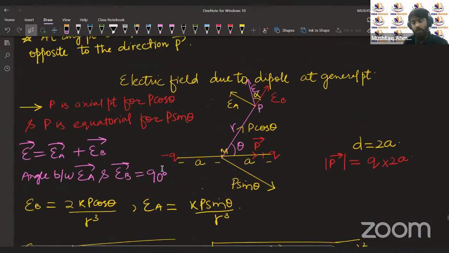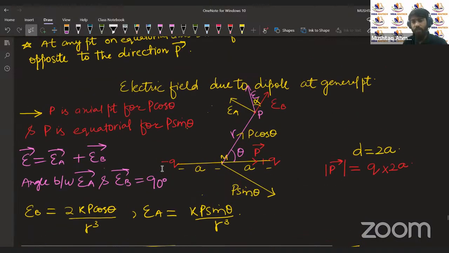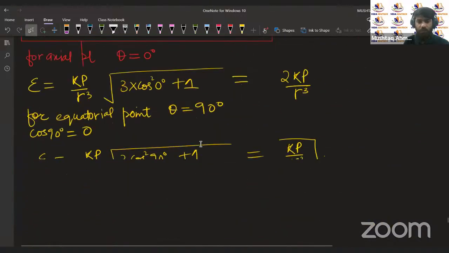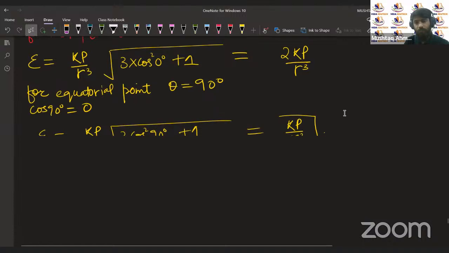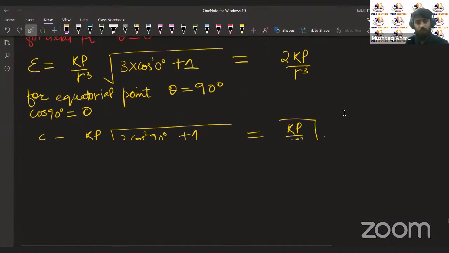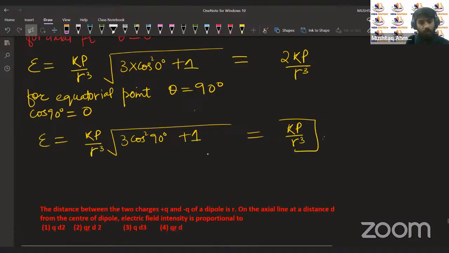And if we calculate the direction of this resultant electric field vector, we have to calculate this alpha, right? So we know that EA and EB are perpendicular to each other. We can calculate the tan of alpha.